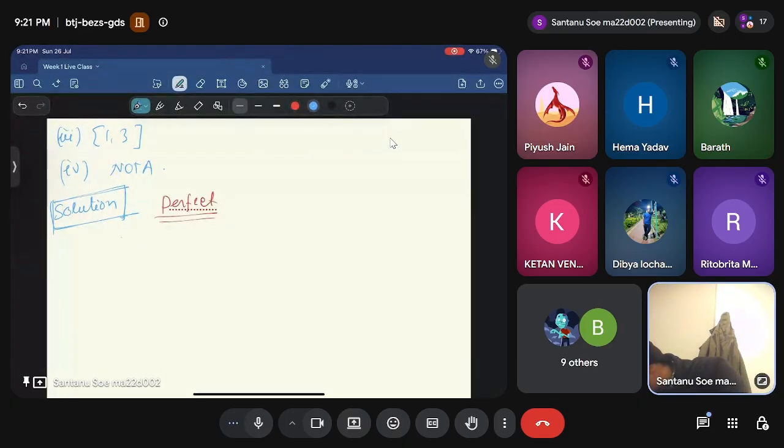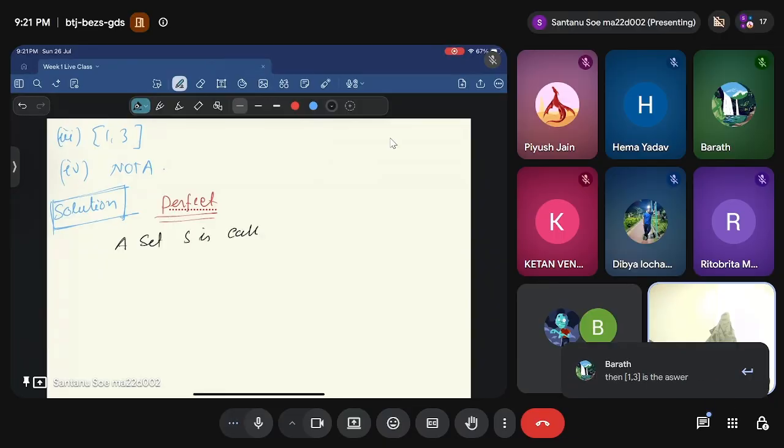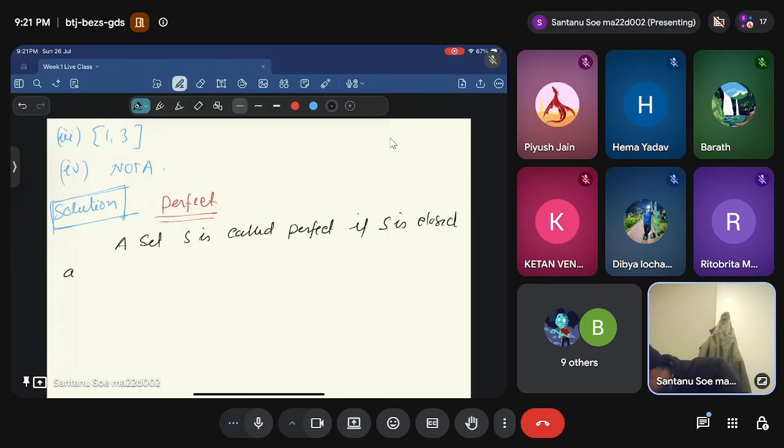So a set S is called perfect if S is closed and it does not contain any isolated point.